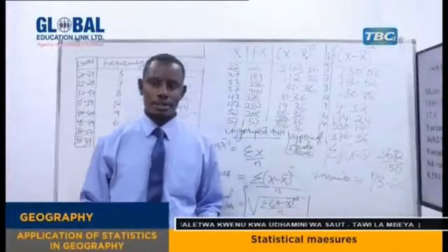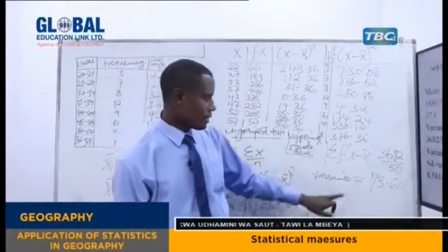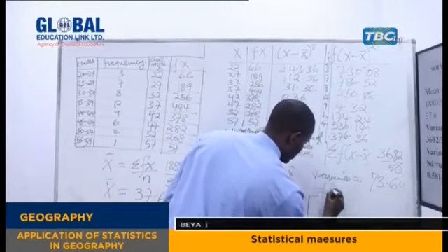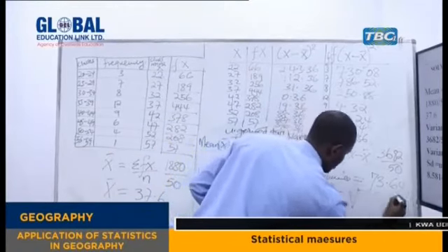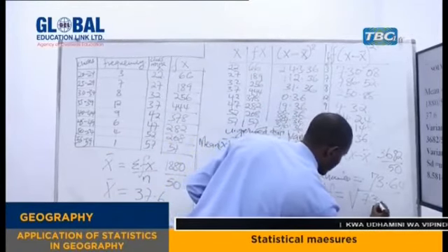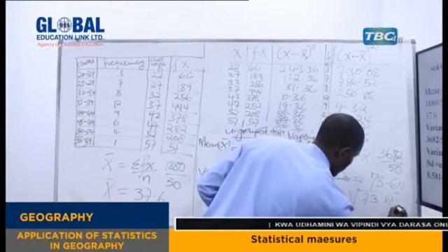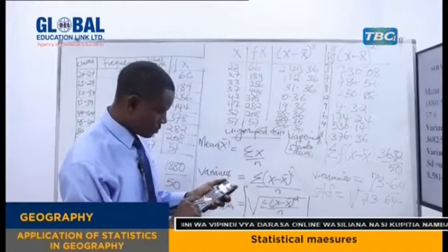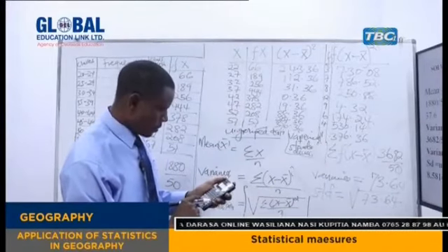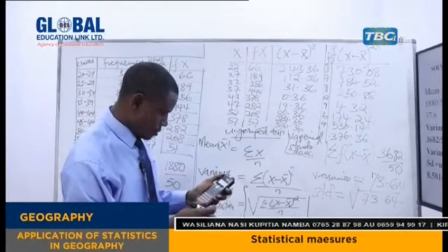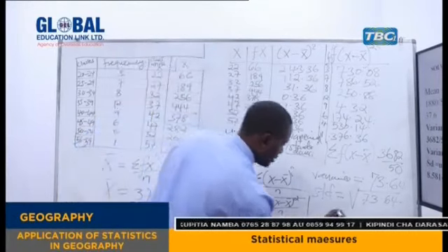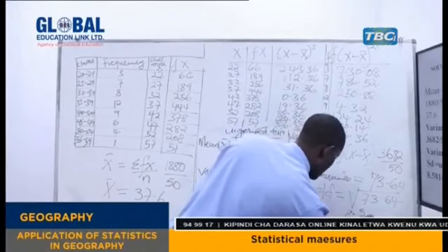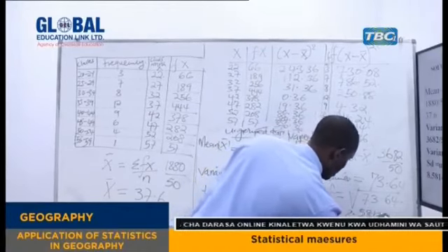But you remember we said if we take the square root of the variance, then we get the standard deviation. So we want to get the standard deviation. It's equal to the square root of 73.64. So if you take your calculator and take the square root of 73.64, it gives you 8.5813.